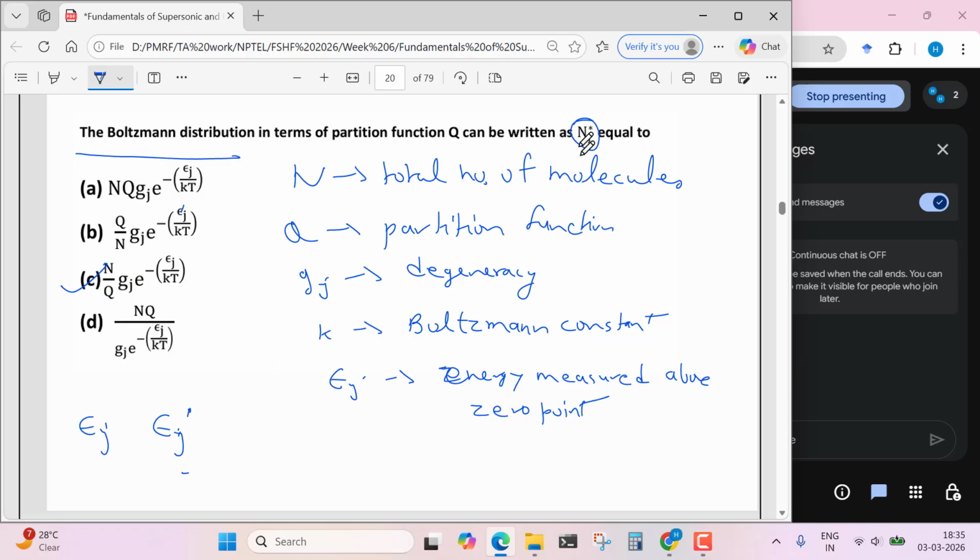And one more thing, this Nj star is given for the most probable distribution, most probable macrostate.